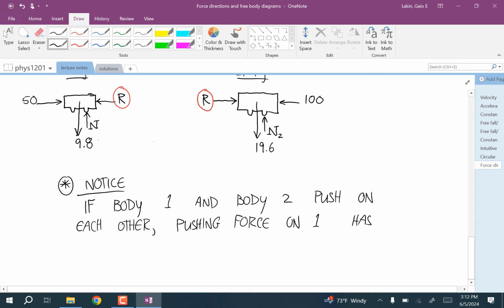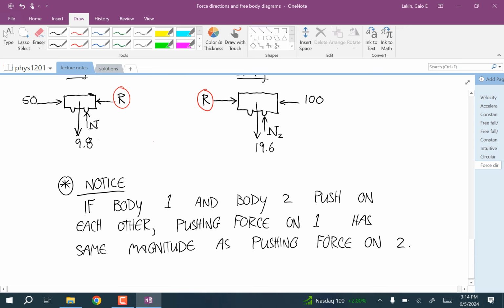In other words, you can use the same variable, has the same magnitude as the pushing force on body 2.